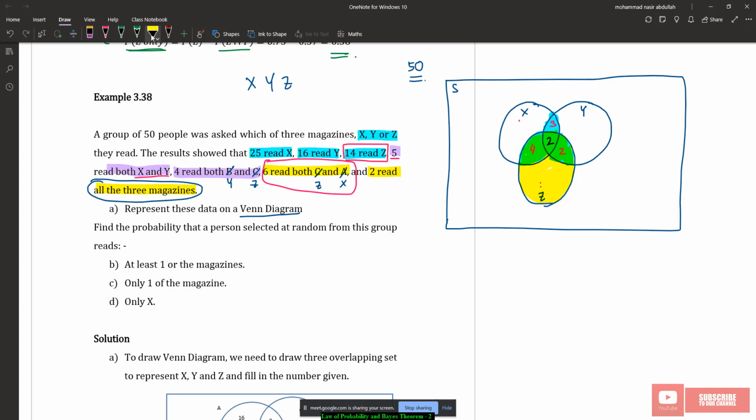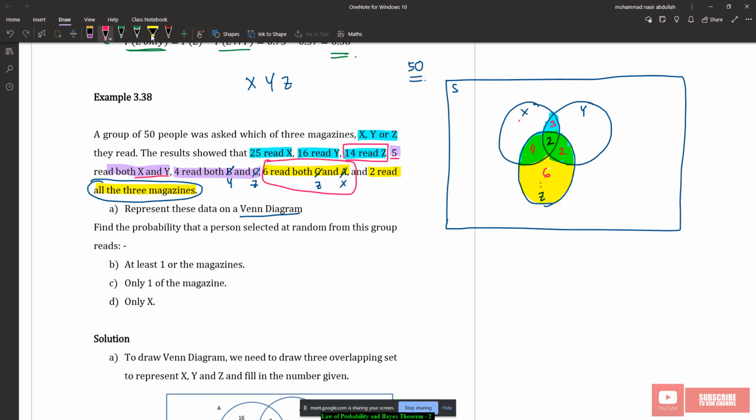Right. So 14 termasuklah dengan 4, 2 and 2. It should be berapa tinggal? 8, right? Is it 8? No. It should be berapa? 6. Right? So 6 plus 4, 10 plus 2 plus 2, 14.